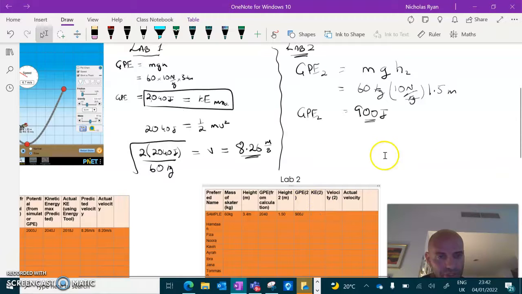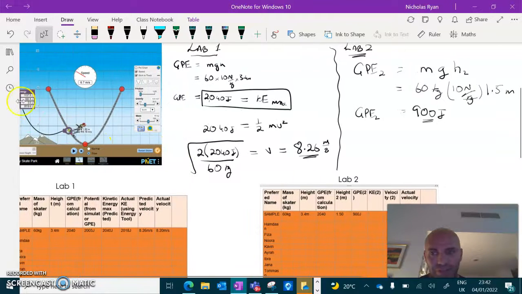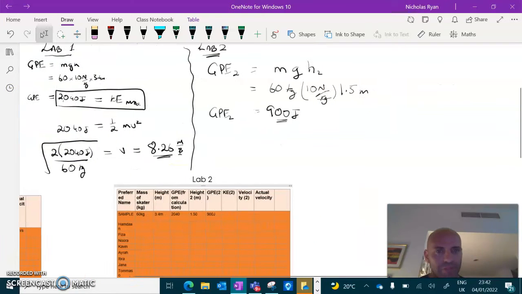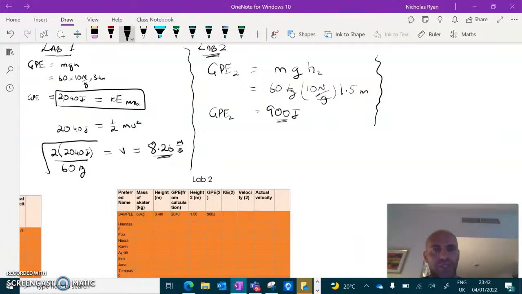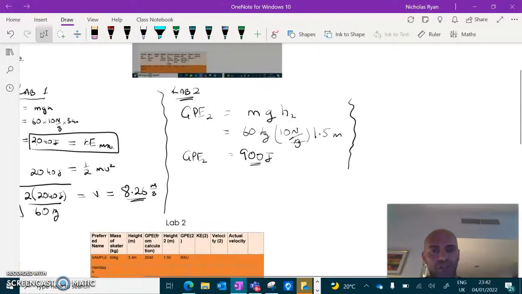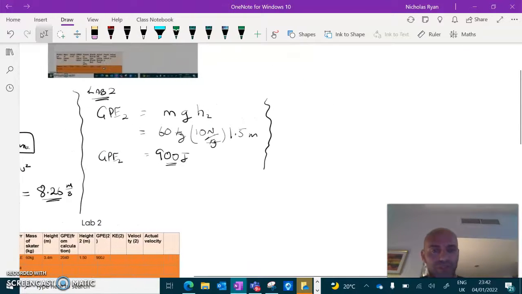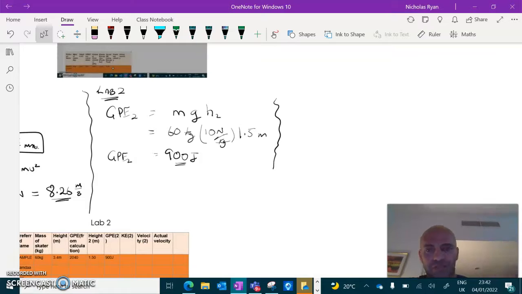So the kinetic energy now becomes of interest to us. Again, I could use the probe here to find out what it should be, but that's not the point behind this. The point here is to figure out what the kinetic energy will be using the equations, because obviously you're not going to have a simulator in your exam.